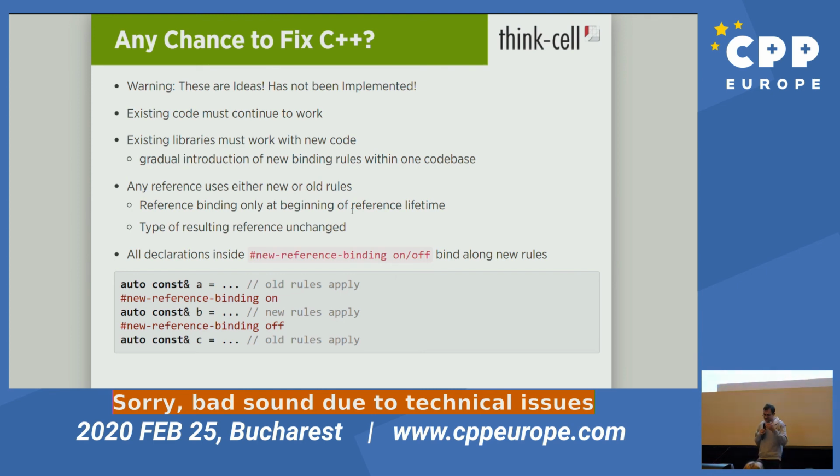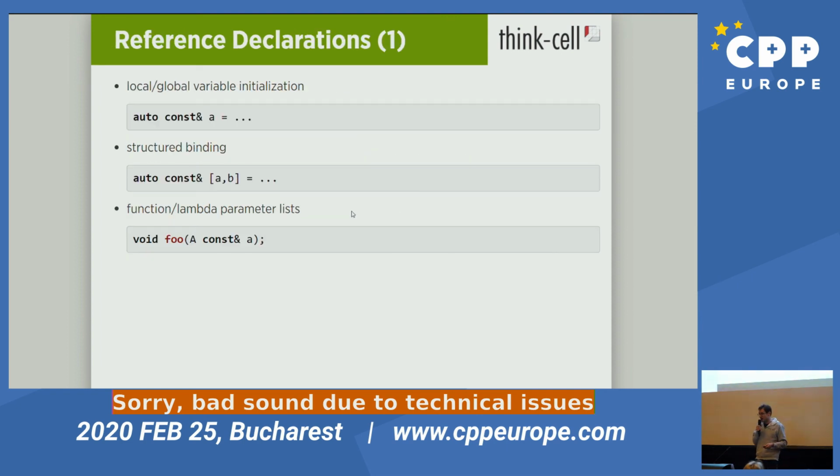So just to jog your mind of where everywhere these references are declared, let's go through the places that I came up with. I don't know if the list is complete, but if you have another one, let me know. First of all, of course, you have global and local variables that you're declaring. Typical variable somewhere in your code. You have structured binding, which creates variables. You have parameter lists of functions and lambdas.